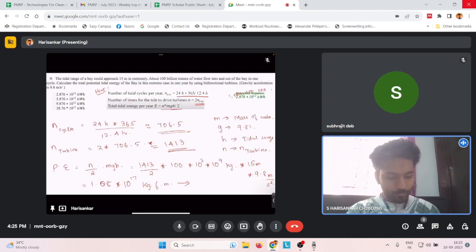So the right answer here is 2.9 into 10 raised to 12. There is one option, 2.876 into 10 raised to 12. So we'll get that as our answer.